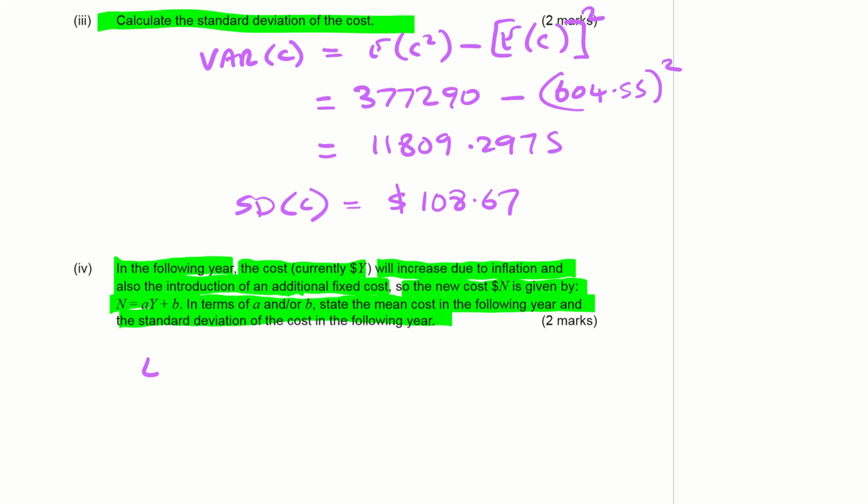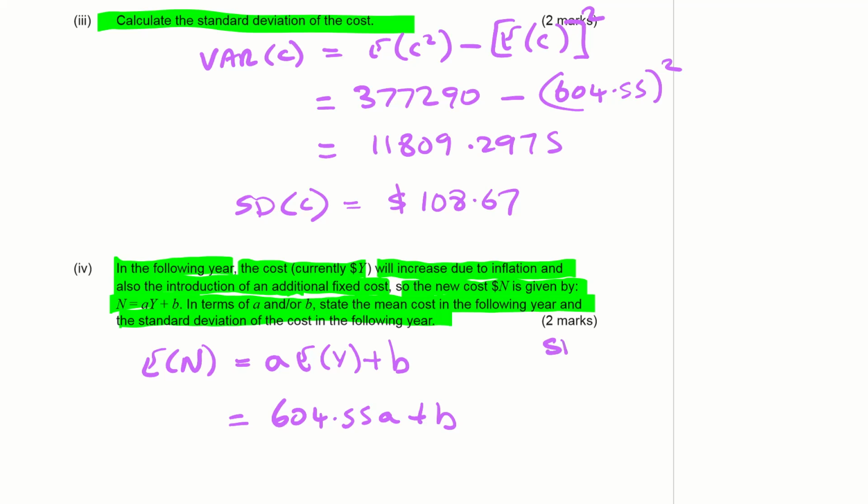Okay, so the expectation of N is just going to be A times the expectation of Y plus B. So the mean is affected both by adding and by multiplying. So that is going to be 604.55A plus B. Whereas the standard deviation of N is just going to be A times the standard deviation of Y, because adding doesn't affect the spread of the data, and so that is going to be 108.67A.